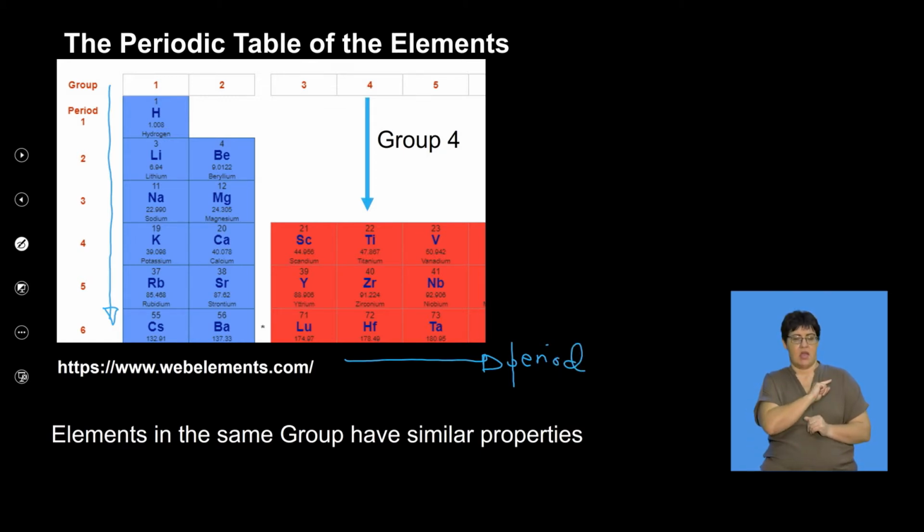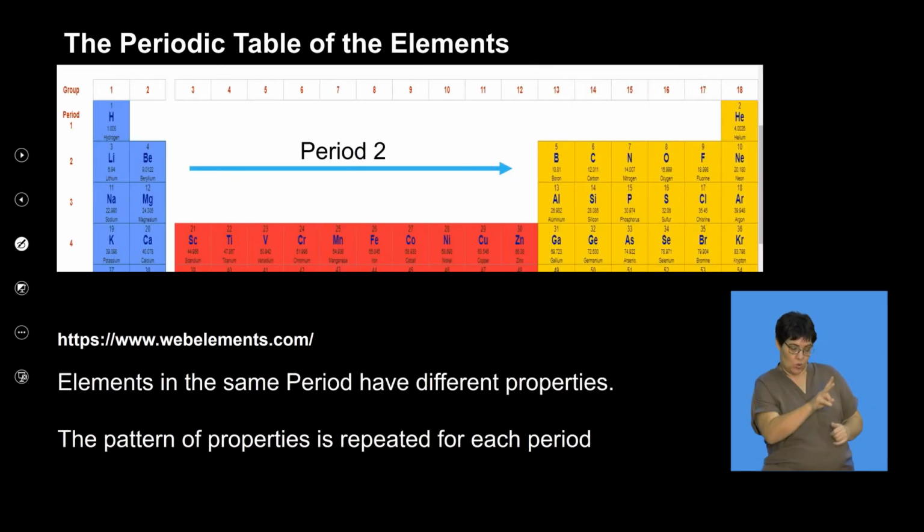Now, elements in the same group have similar properties, and it can be physical or chemical properties, but our attention for now is purely on the physical properties, okay? Now, what else do we know about the periodic table of elements, just to remind ourselves? Elements in the same period have different properties. This is very, very important.